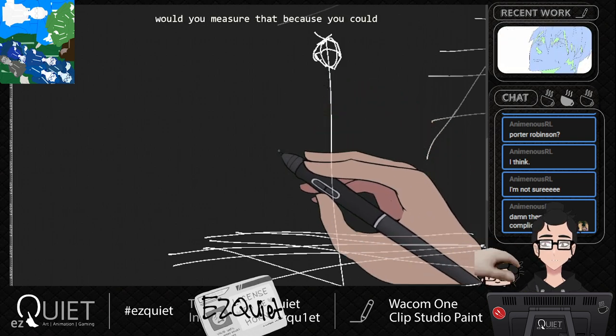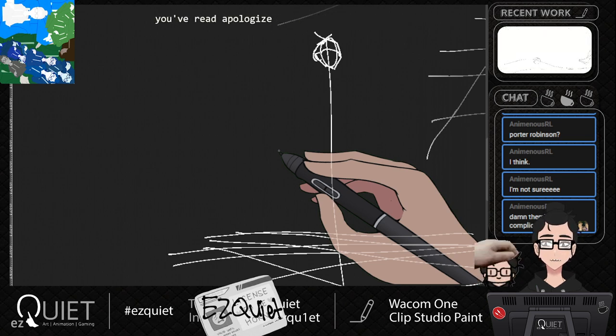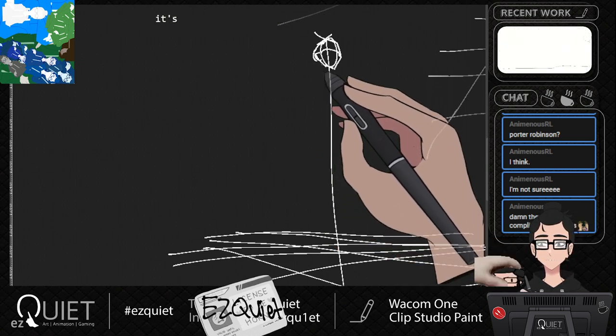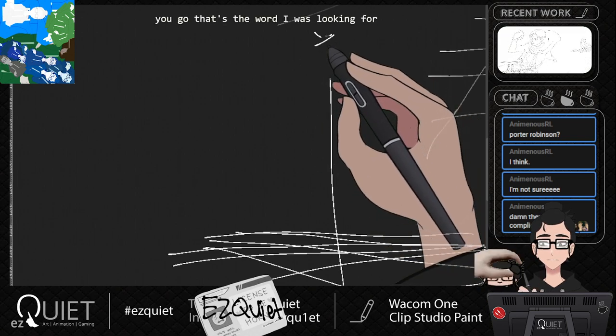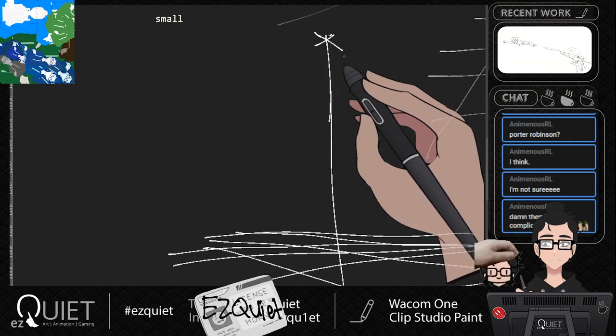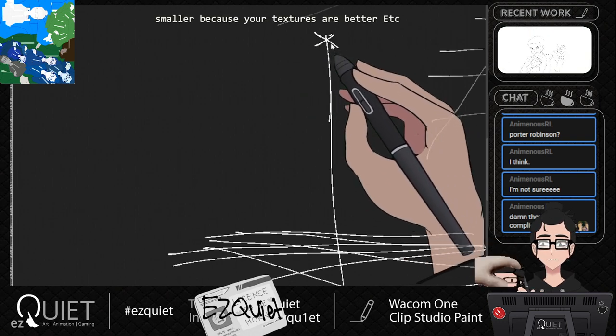Because you could really have a huge space, but then because you've retopologized your models, because you've really made it more, what's the word? Optimized? There you go. That's the word I was looking for. Your size limits are actually a lot smaller because your textures are better, depending on how you texture things.